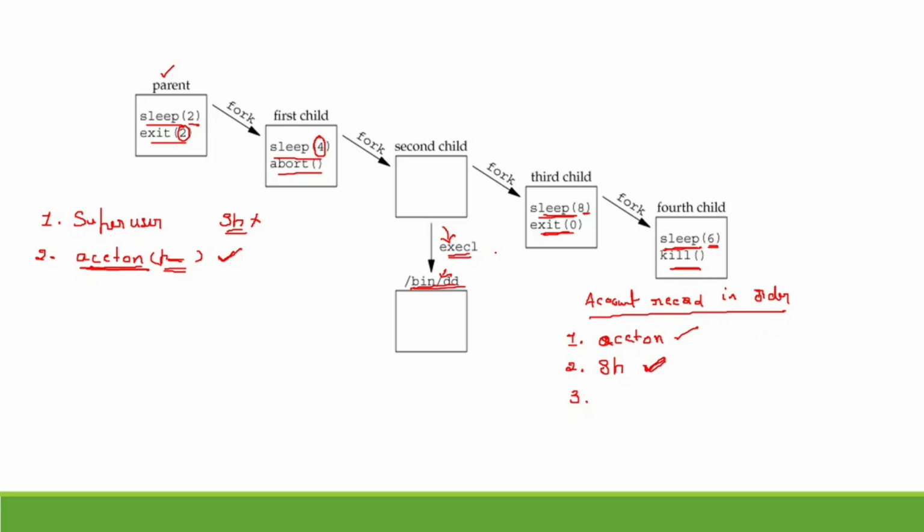Being in the normal user mode, I will execute this particular program. When I execute it, 4 child processes will be created, and including the parent, the total number of processes will be 5: 1, 2, 3, 4 and 5.